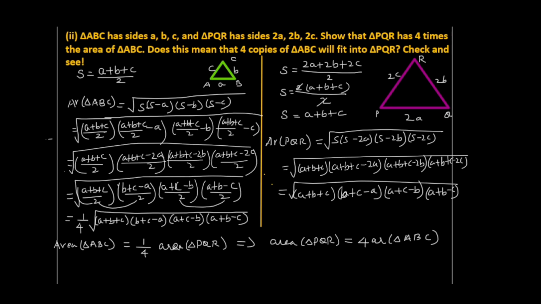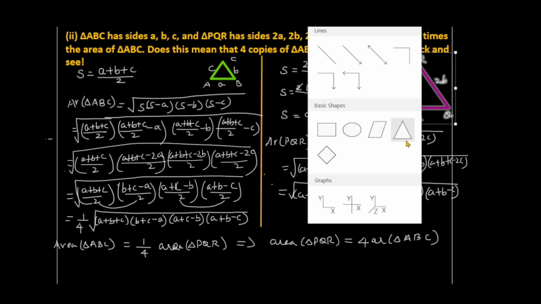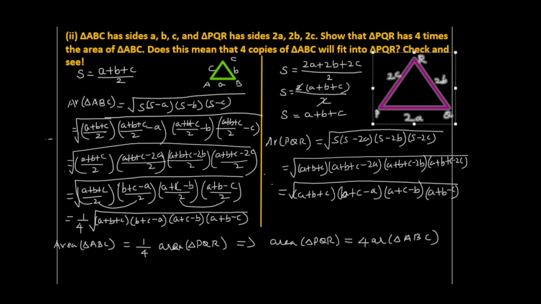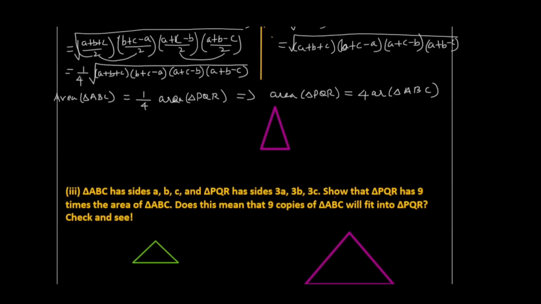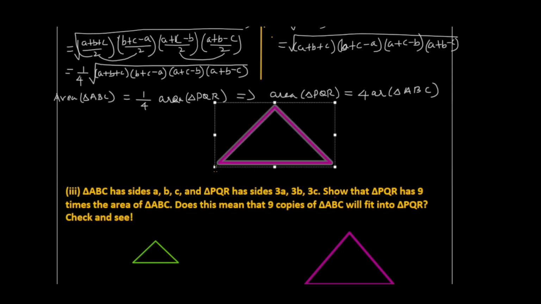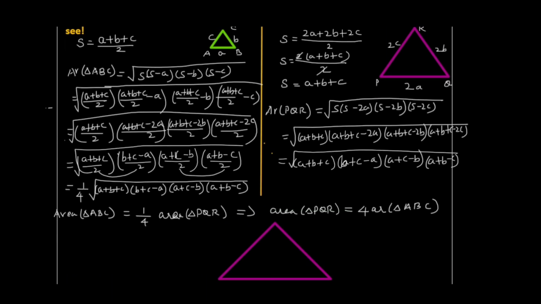When the areas are equal, we can fit the triangle inside it. Now this is triangle PQRS. Now let's check how many triangles we can fit inside the ABC triangle.